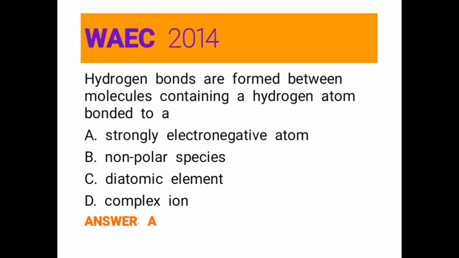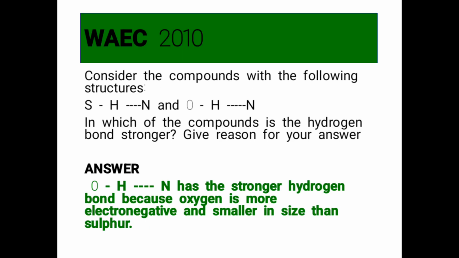Okay, so let's look at 2014. Hydrogen bonds are formed between molecules containing a hydrogen atom that is bonded to, the answer is A, strongly electronegative atom. And then of course, we look at this question again. We have to compare these two, SHN and OHN. Which one has a stronger hydrogen bond?